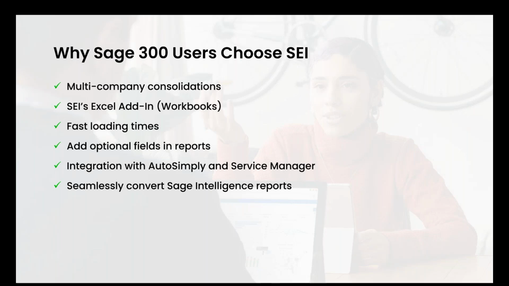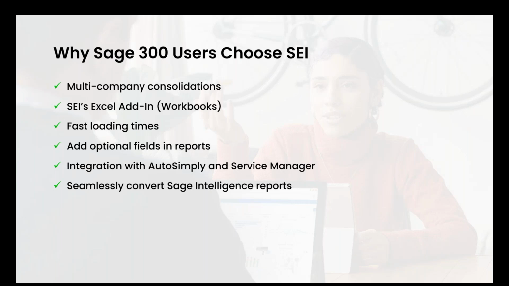So they can consolidate the data from all the different companies that they have in an easy to use format and an easy to use access format. The Excel add-in is a very popular feature of SEI, and the workbooks is also gaining popularity with Excel-like functionality and everything you find in the Excel add-in but online.